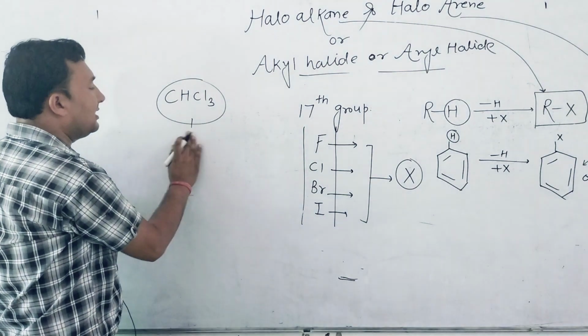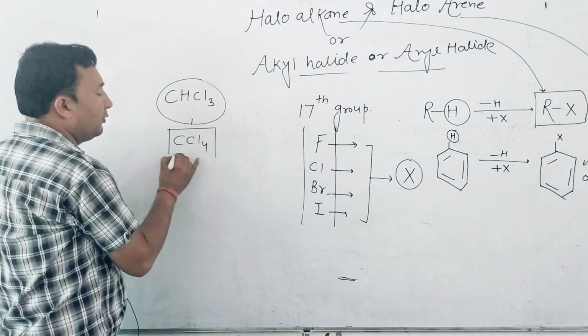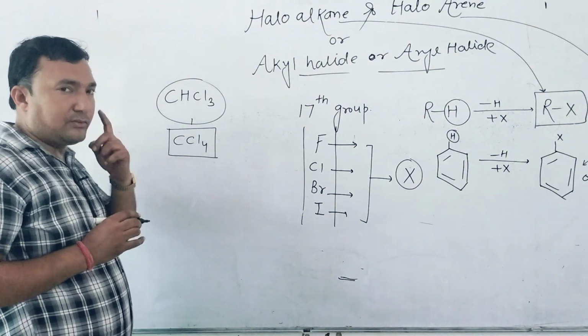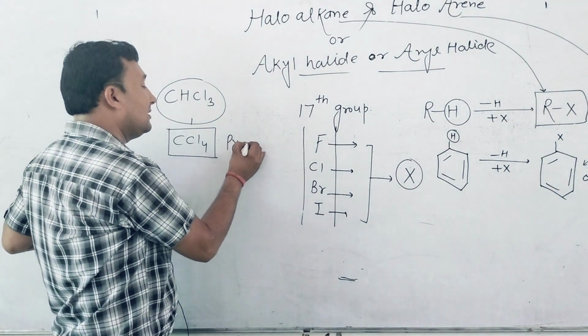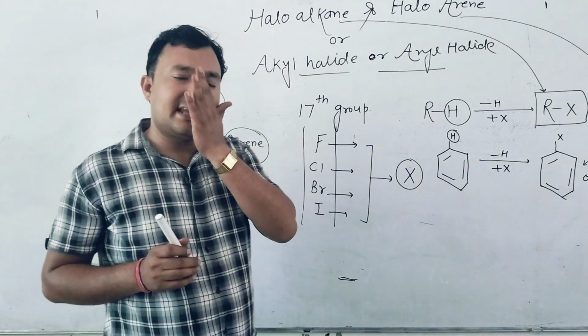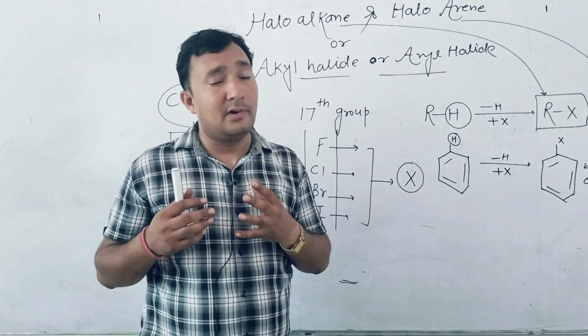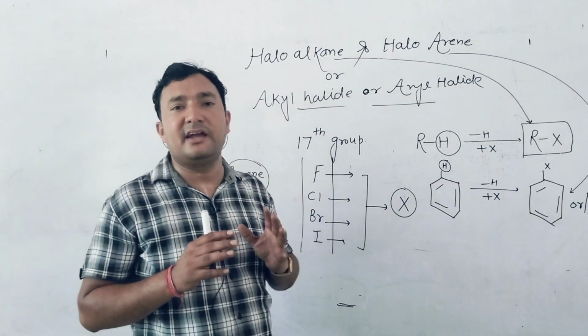One most important chemical is still remaining, that is carbon tetrachloride, CCl4, which is commercially called pyrene. This chemical is majorly used in dry cleaning. It is also used as an organic solvent, and carbon tetrachloride is also used as a fire extinguisher.